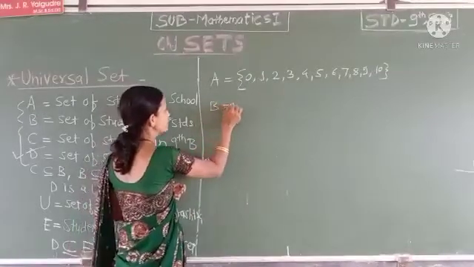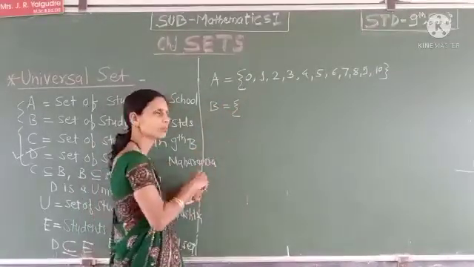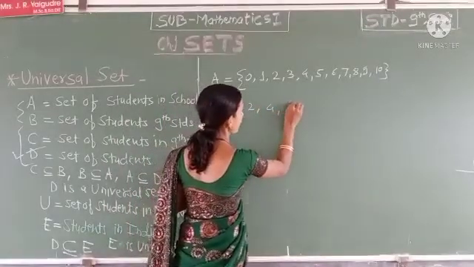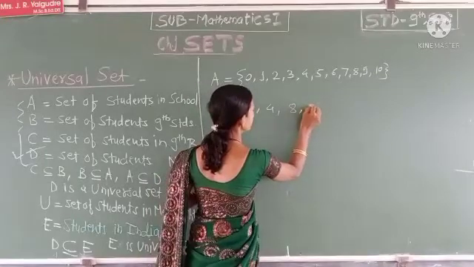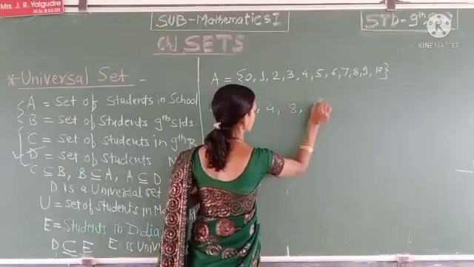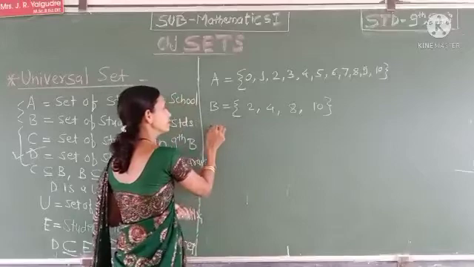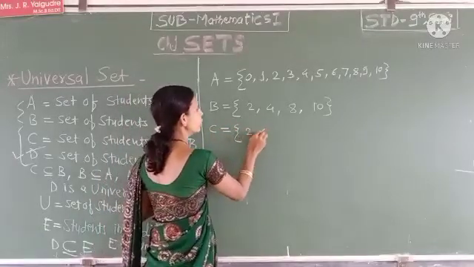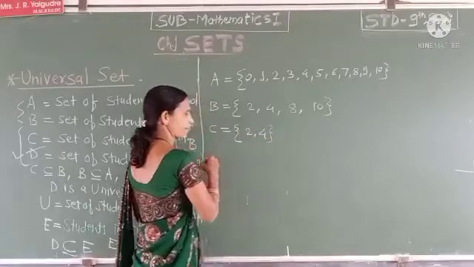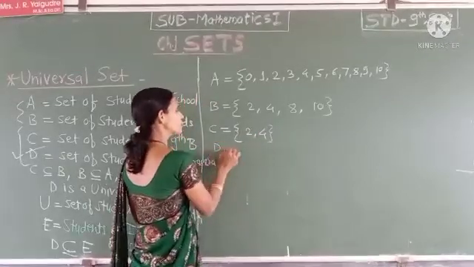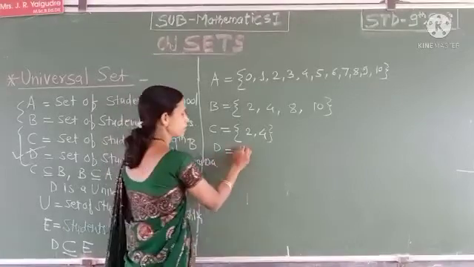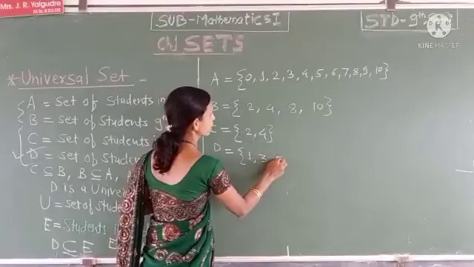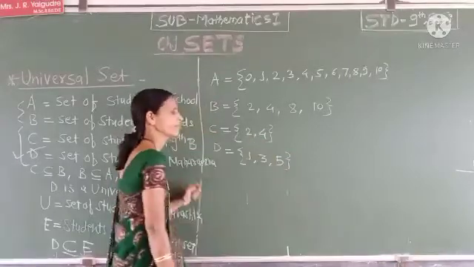Then B is a set of 2, 4, 8 and 10. And C is a set of 2 and 4. And one more set is there, D is a set of 1, 3, 5.